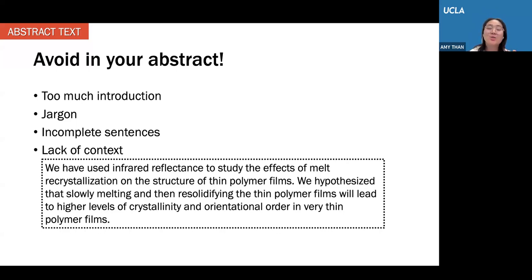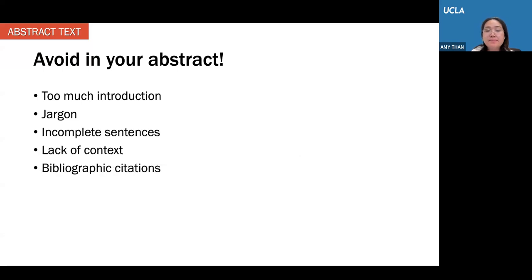So first you would have to explain to the reader what is infrared reflectance, what is melt recrystallization, what are thin polymer films? So make sure you can read it and think back to before you worked on this project if you're able to follow. That's also a really great gauge in case you don't have another reader to check you in terms of providing enough context.